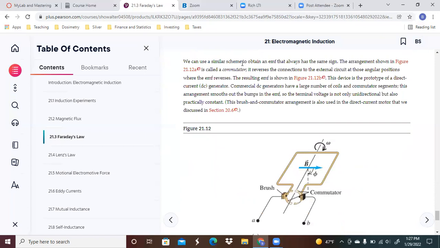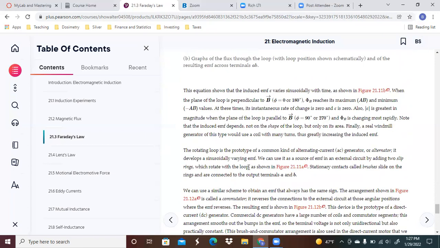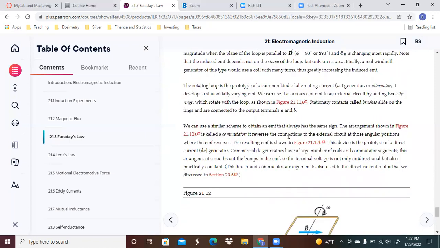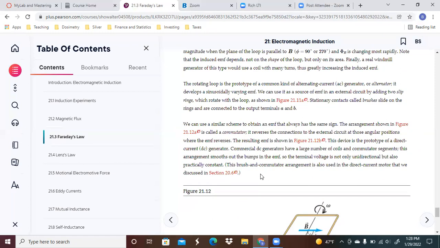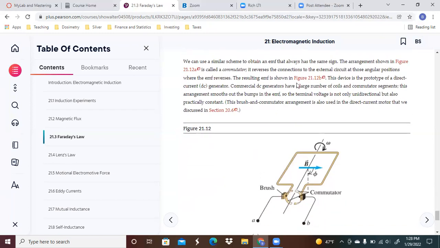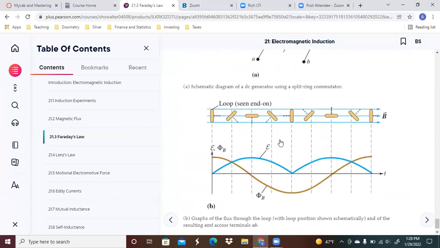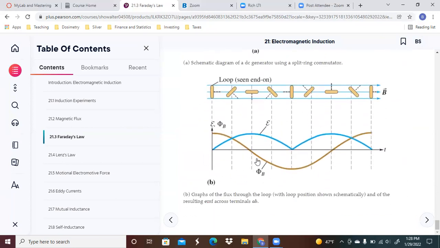So we can use a similar scheme in order to obtain the EMF and make sure that it always has the same sign. The arrangement is going to be called a commutator. It reverses the connections to the external circuit at those angular positions where the EMF reverses. The result is the figure shown in 2021b.